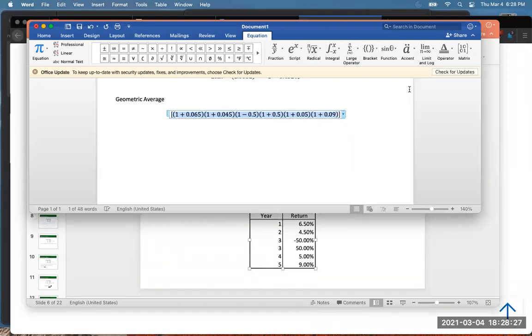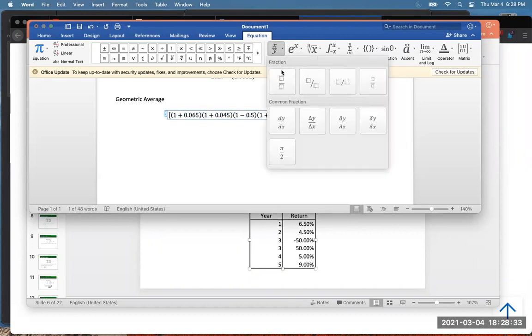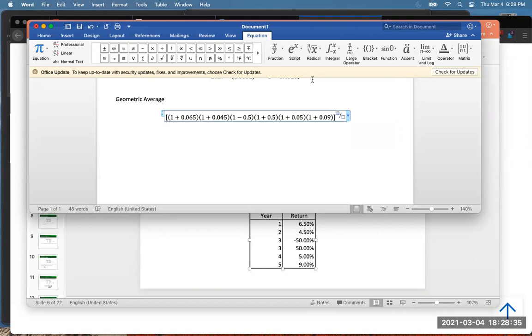put these in big brackets, and raise it to the power. How many years? There are 6 years, despite it saying 5, that's a typo. Raise it to the power 1 over 6.